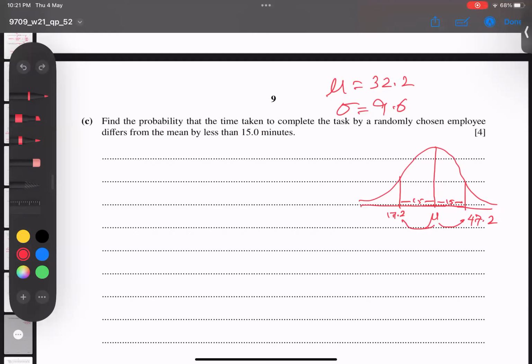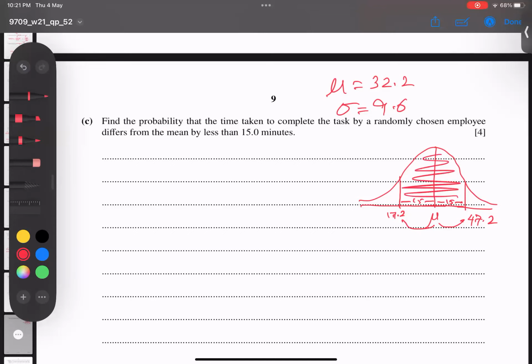Students think that only less than 15. No. Less than means staying within the boundary. If you say more than 15, then this gap is called more and this gap is called more. I think you got my point. So less than 15 means this portion he talks about.